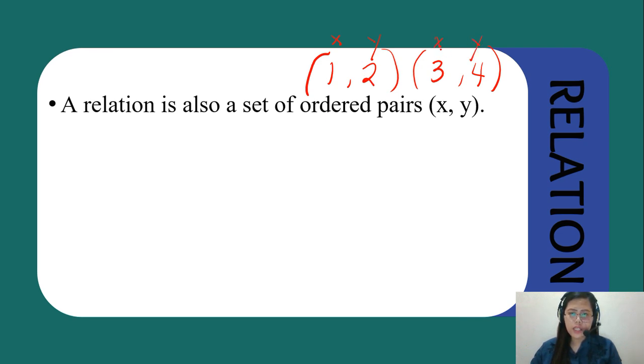So this is an ordered pair. When can we say that it is a set of ordered pairs? It should have a set symbol to be considered a set. So a set of ordered pairs, that is a relation.